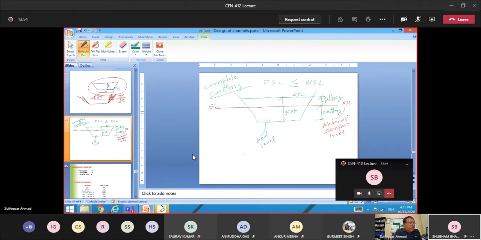Okay. So if your FSL is greater than NSL and bed level is lower than the NSL, then in this case, this is the second one, this is the first one. Then you have the canal that is partially in cutting and partially in filling.